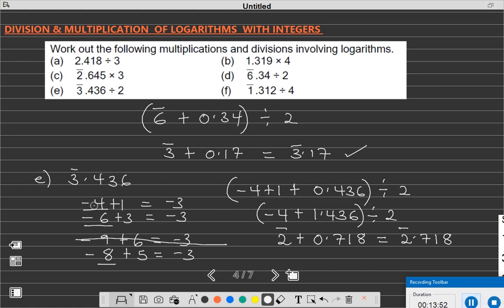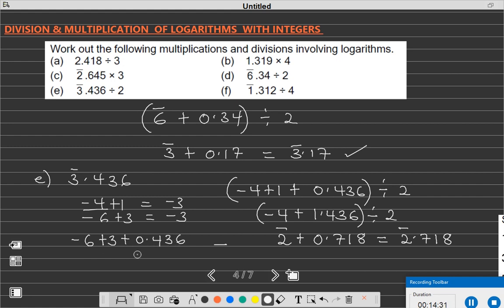Let us use this one here and we see if we can get the same answer. Now it is negative 6 plus 3. Now when we use negative 6 plus 3, our number here will become negative 6 plus 3, then plus 0.436.